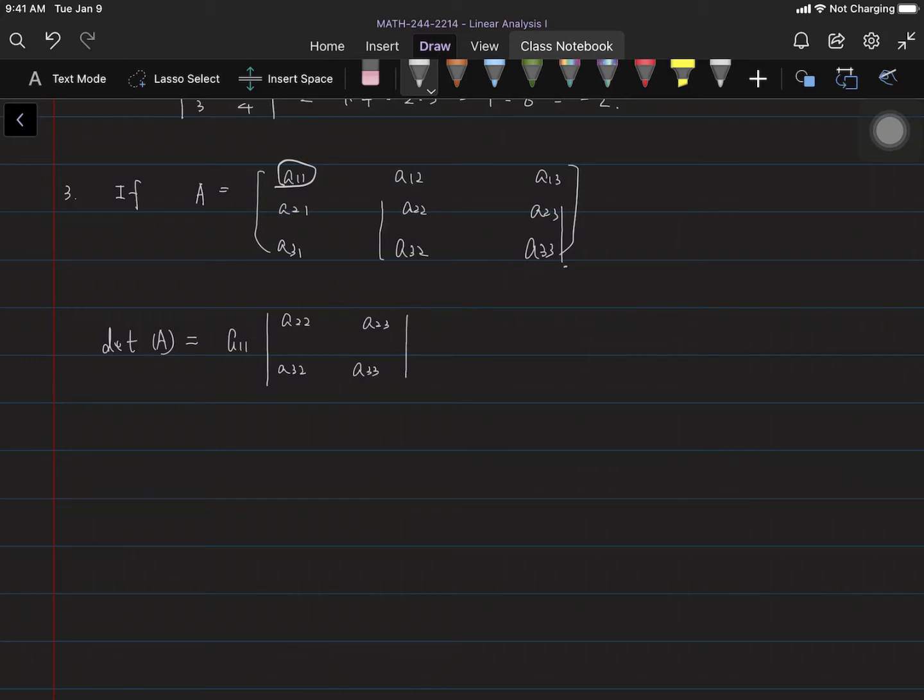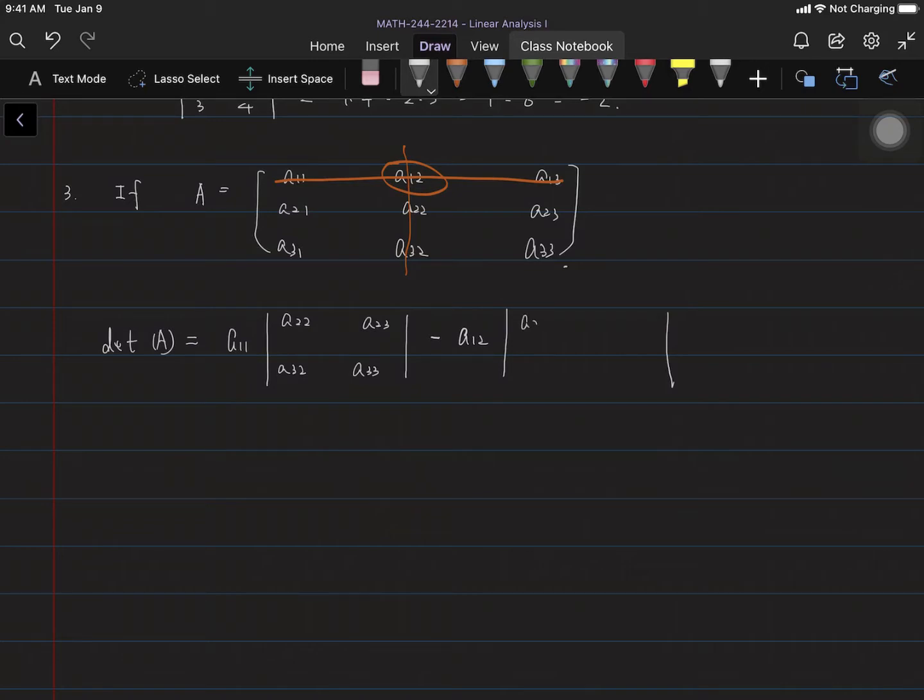And the second term should be minus A12. Be careful, and I will tell you the reason why it's minus. For the next one, we delete the second row, second column. Look at my pen. This is the number A12 times, cross out that row and that column, and what's left.